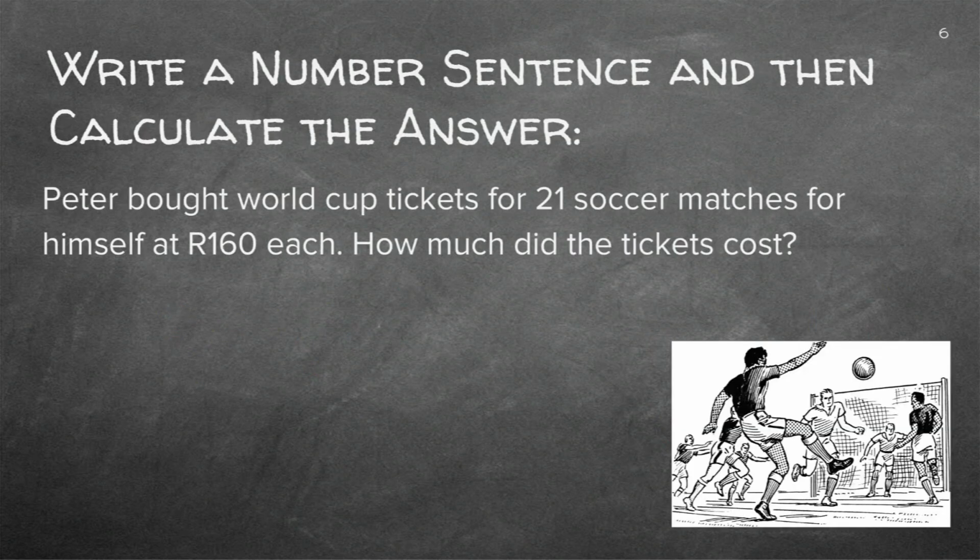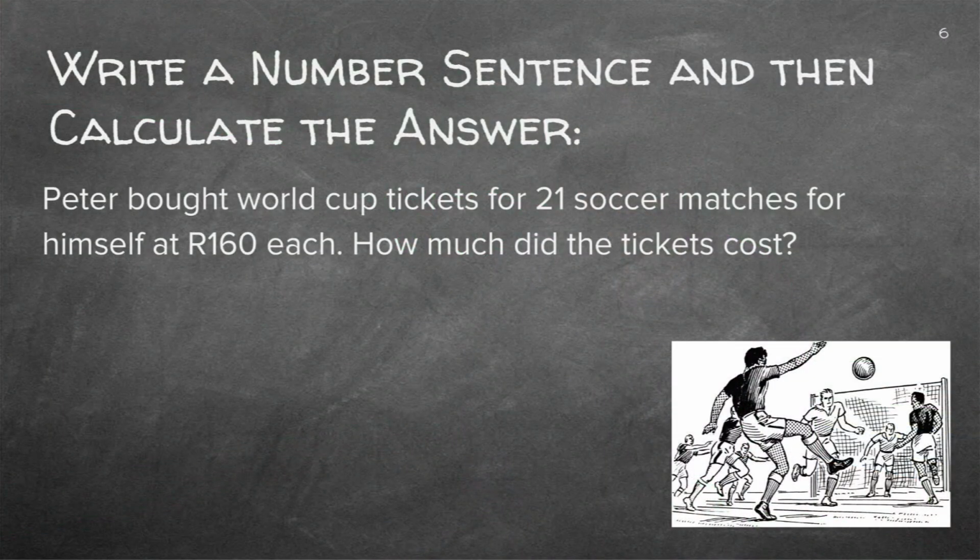Okay, the next word problem that we need to solve: write a number sentence and then calculate the answer. They are telling you now to calculate the answer. So first you write your number sentence. Peter bought World Cup tickets for 21 soccer matches for himself at 160 Rand each.